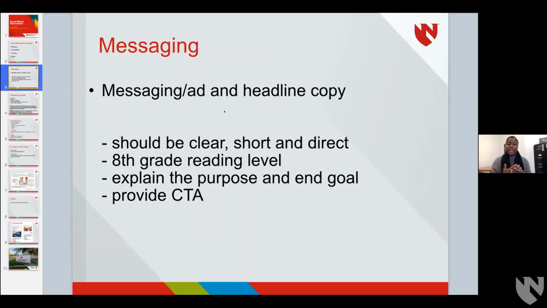Call to action is basically what you want that participant, that future person or someone who is interested in the study, to do, whether it's to click on a link or to call a phone number to get more information about the study. So just have the basics and the main points about the study so that they can understand and reach out if they are interested.